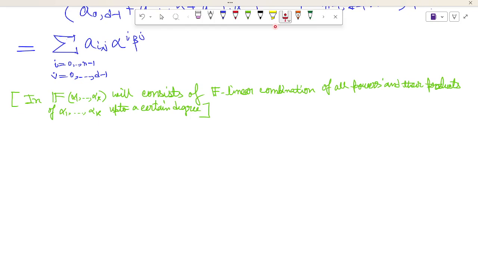For example, suppose Q root 2 comma root 3. How do you observe an element here?